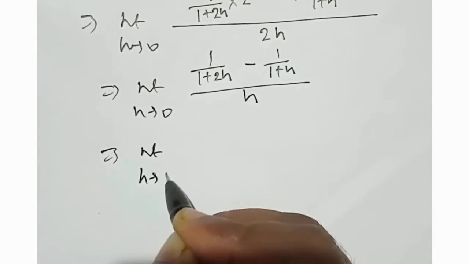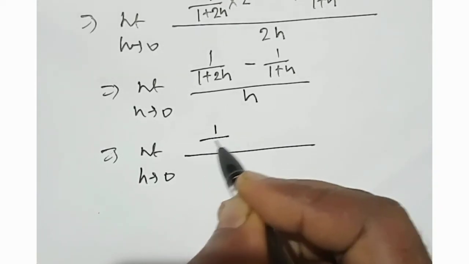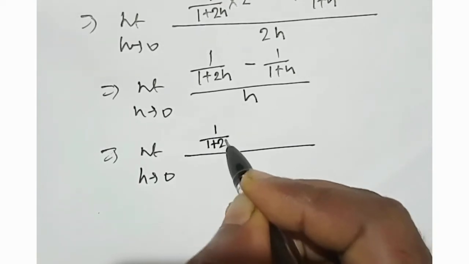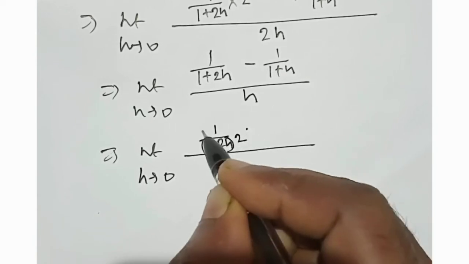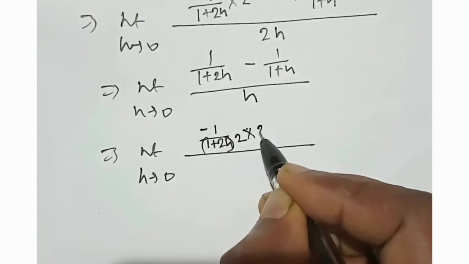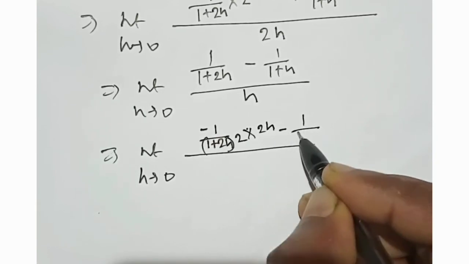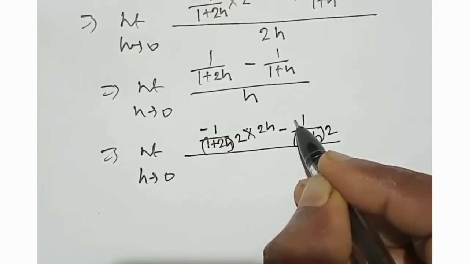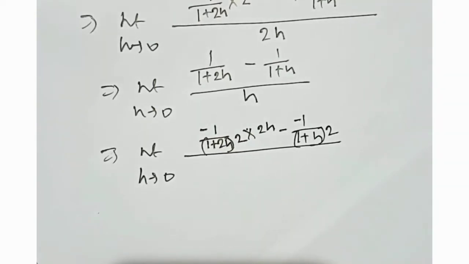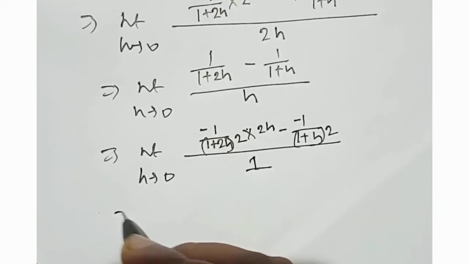So this will be 1 by (1 plus 2h) whole square, there will be minus 1 into 2, minus 1 by (1 plus h) whole square, here will be also minus 1. And the derivative of h is just 1.